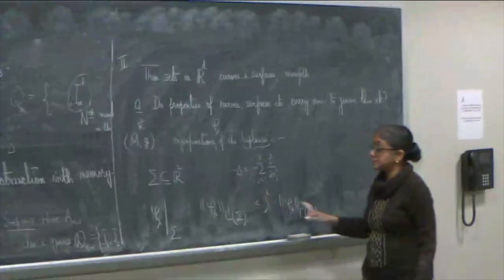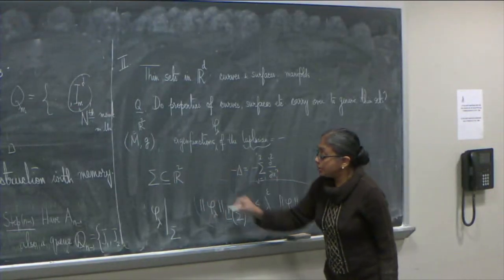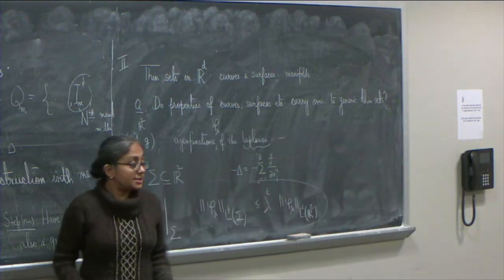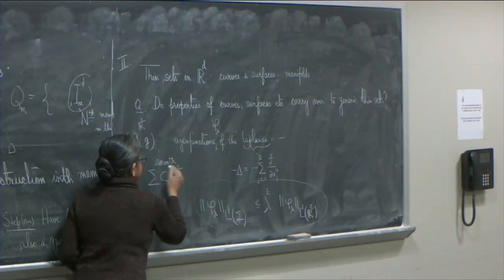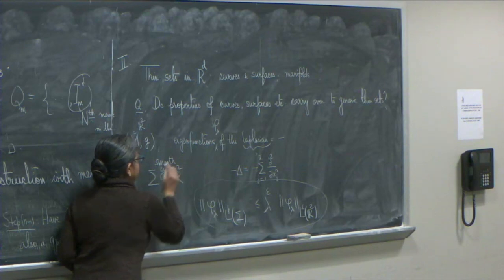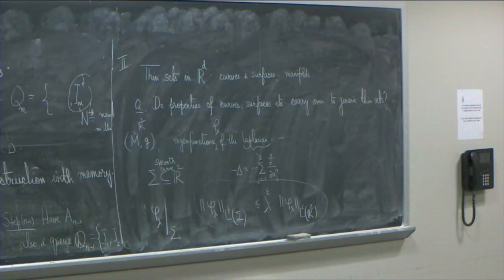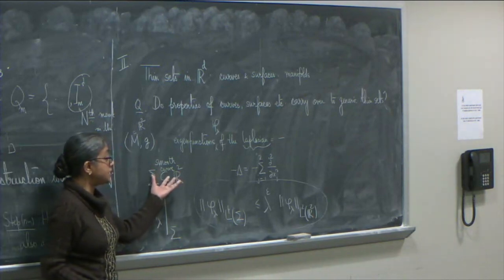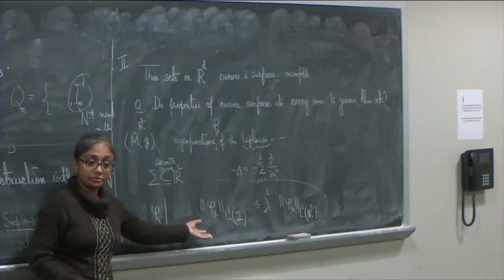So this becomes a question in PDEs, and this is a very well studied problem. What is less studied is if you just let go of the assumption that sigma is a smooth curve. If you just say sigma is some arbitrary thin set in the plane, but still has the same Hausdorff dimension as a curve, namely 1, does this nice property still carry over?